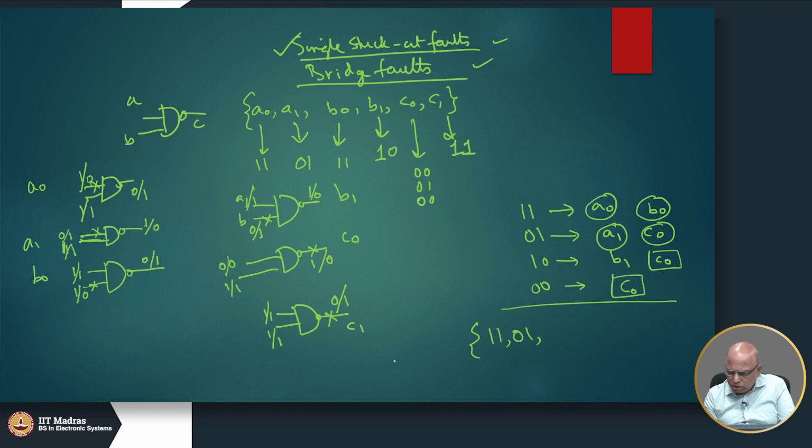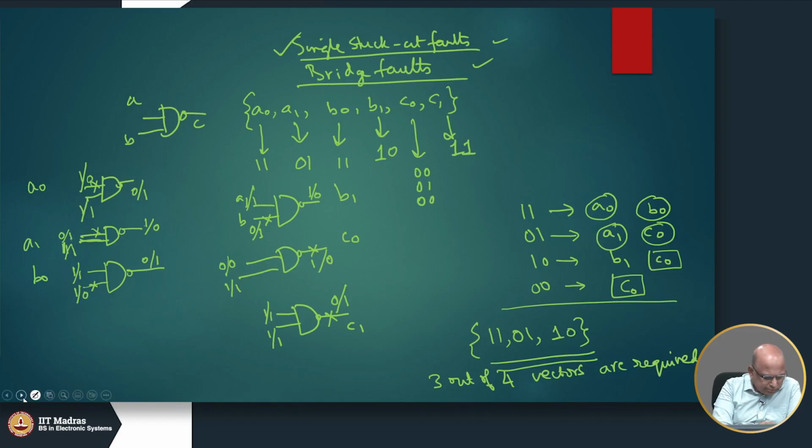We have to only now worry about B1. B1 can be tested using 1 0. So, these are the required test vectors. So, 3 out of 4 vectors are required.